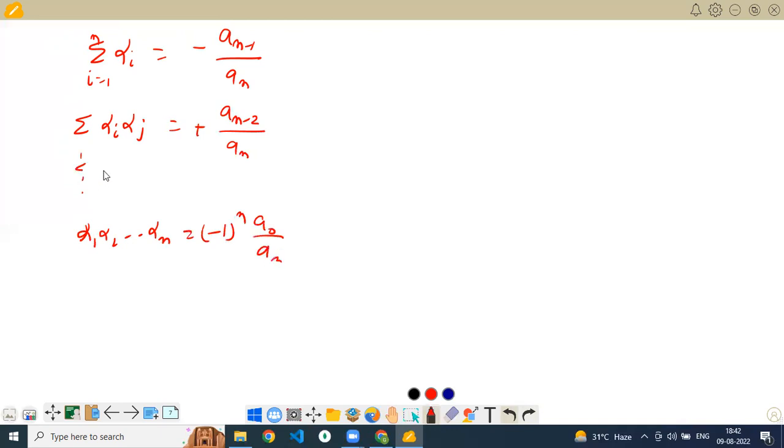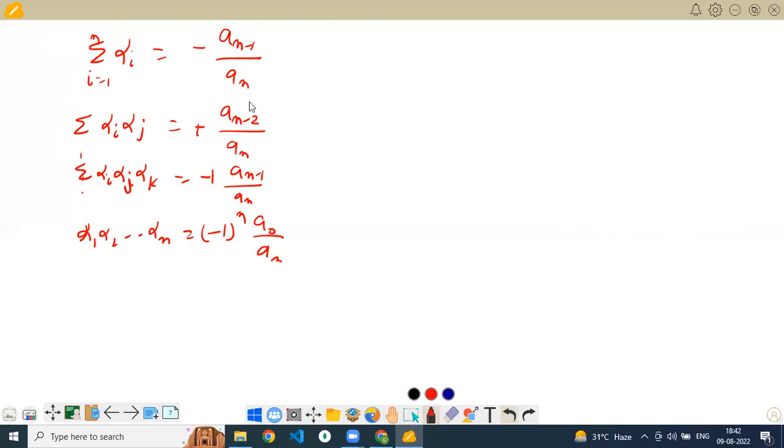You can write summation of alpha i alpha j alpha k as minus a n minus 3 divided by a n. So this helps you to write in a very compact form. Is this clear? Yes, sir.